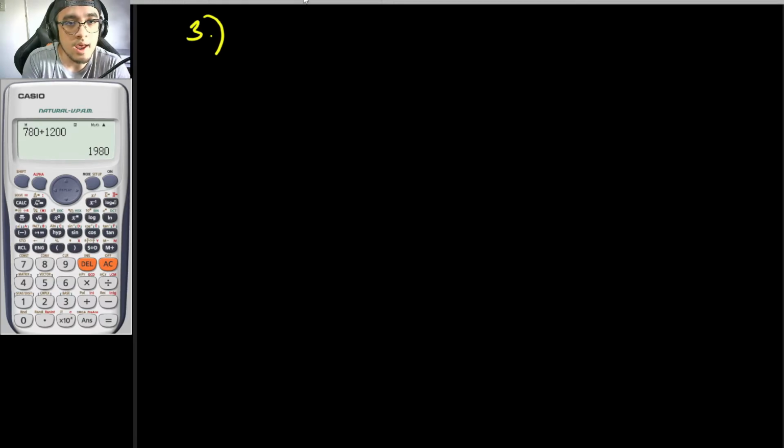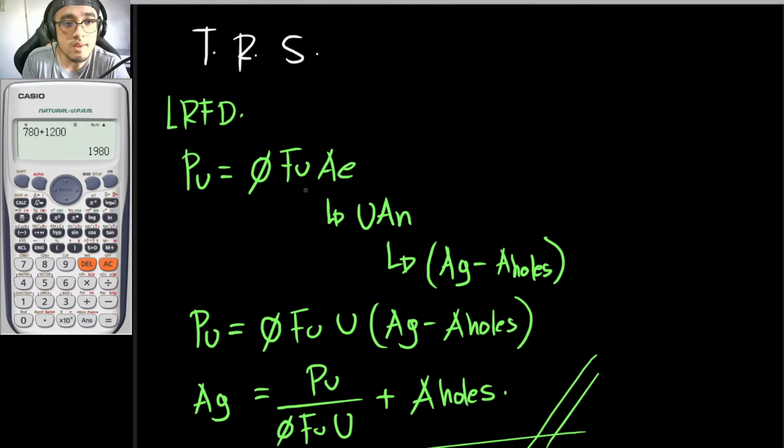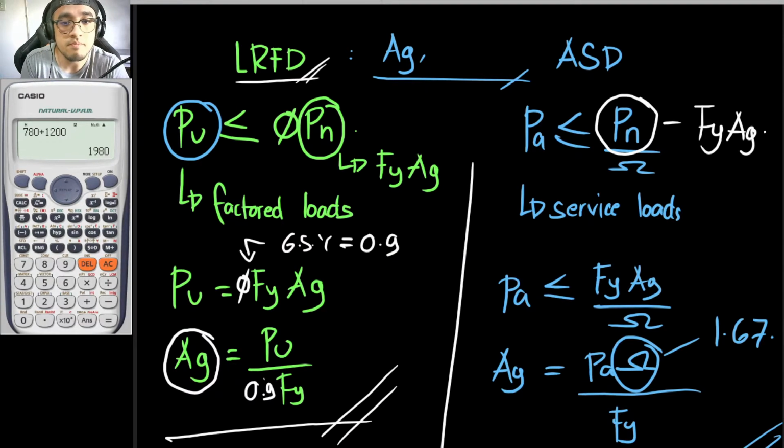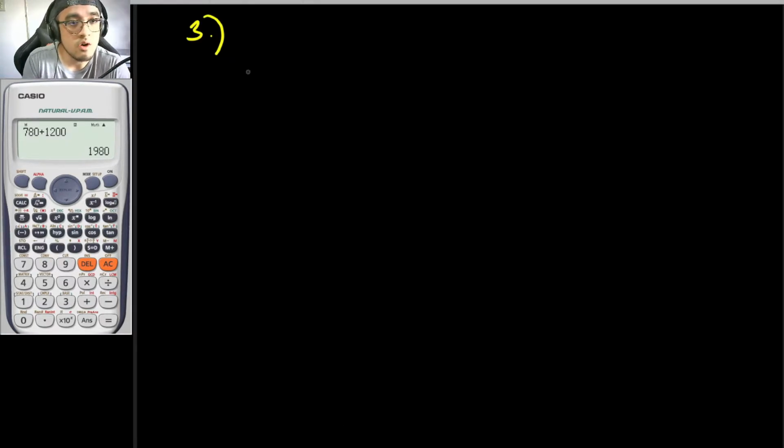Okay, so moving forward, guys, we are now on step 3. According to this slide right here, our step 3 is for us to solve for AG using these formulas right here, which we have derived a while ago. But let's just derive them again. So once again, in LRFD, let's determine the gross sectional area in terms of GSY, this is for gross sectional yielding.